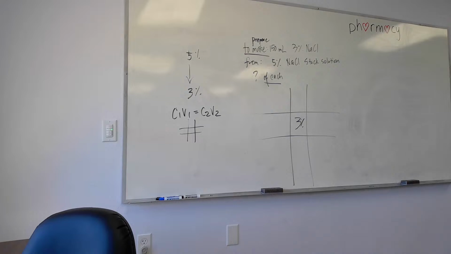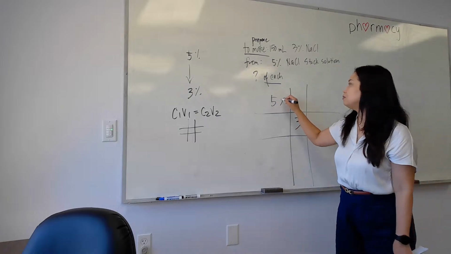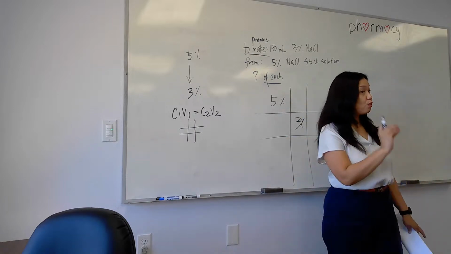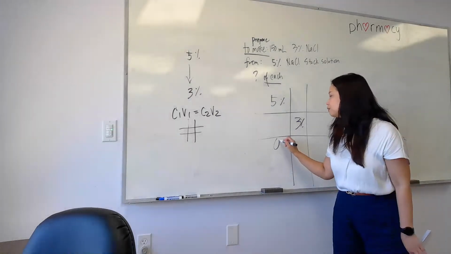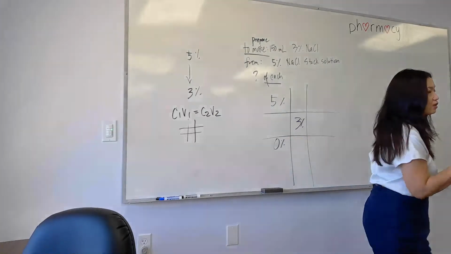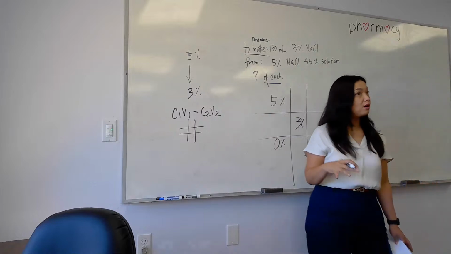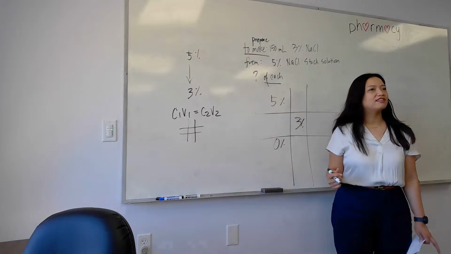And then what's my higher? 5%. I'm missing something: a 0, because water is neutral. It is a universal solvent. That's why if we are to put a percentage on water, it's going to be 0. It's a different story when you're talking about pure, then it's going to be 100 here, then 5 here.